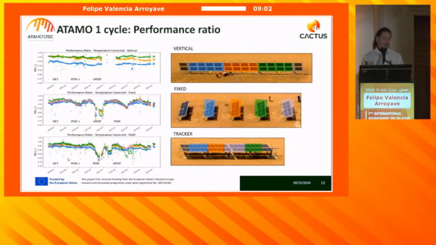But this information was gathered, analyzed, and then some changes were made in order to have the new version of the modules and have technologies more adapted for the climate of the Atacama Desert. And this is what we are evaluating now in the Atamo 2 cycle.